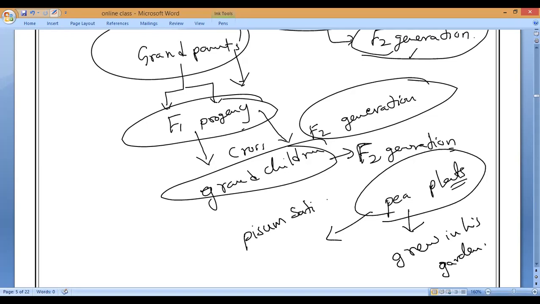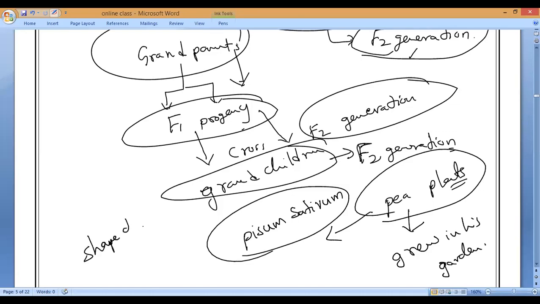He observed some characteristics or traits of the pea plants and how they are transmitted to progeny, such as the height of the pea plant or the length of the stem, tallness or dwarfness, and the shape of the seeds.